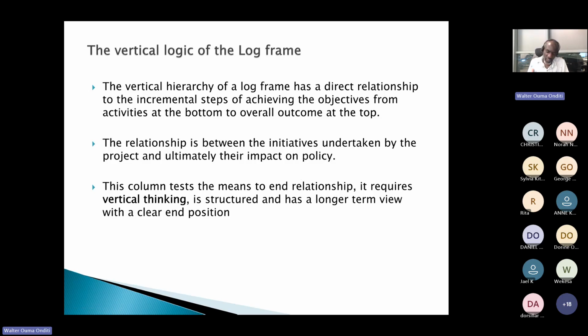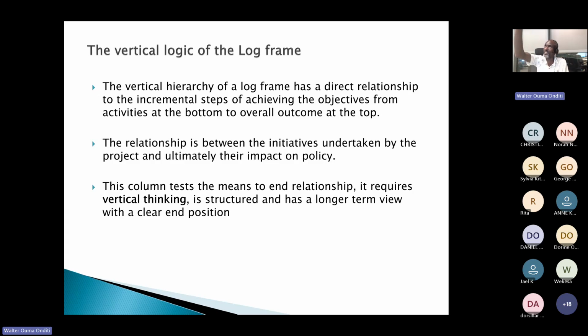It requires vertical thinking. So this is the other thinking that I brought in, and you have to bear this in mind. For you to formulate the results objectives, that is the impact to output to activity level or input level, you have to think vertically.